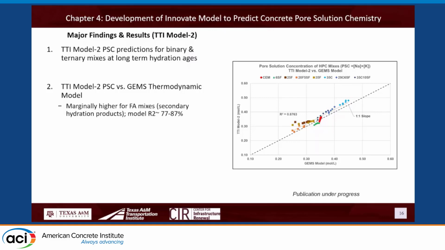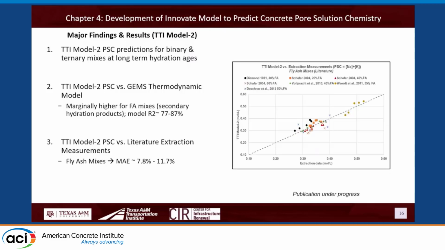So for some models to predict something like 90% R square, I would have questions. Now, when I compare it with the extraction measurements, these are compiled from the literature. The mean absolute error was around 7 to 11% overall.